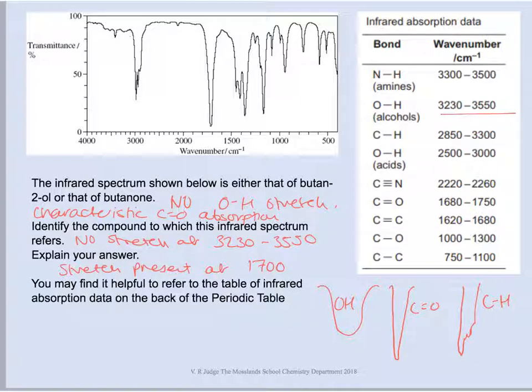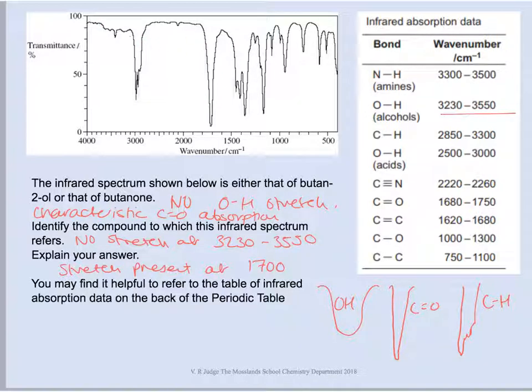Now, I'm not going to go through any more exam questions because basically all of the exam questions are that sort of thing. So either one spectrum with a couple of possibilities, or they might join it up with information of reactions. So you might have an organic reaction going on, it'll tell you what the reactants are, and then the product produces a spectrum. So they might make it a bit more challenging that way. They could also do a multiple choice one, so for this compound, is it spectrum A, B, C or D, which obviously takes a little bit longer to have a look at because they don't look very simple at first glance.